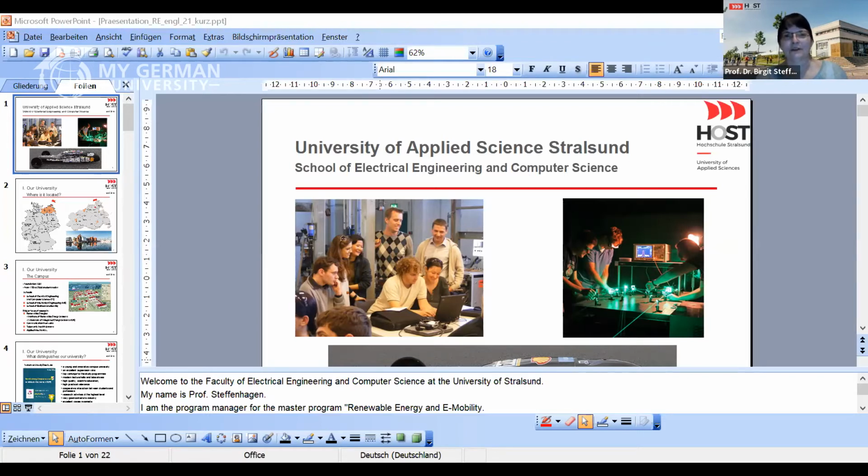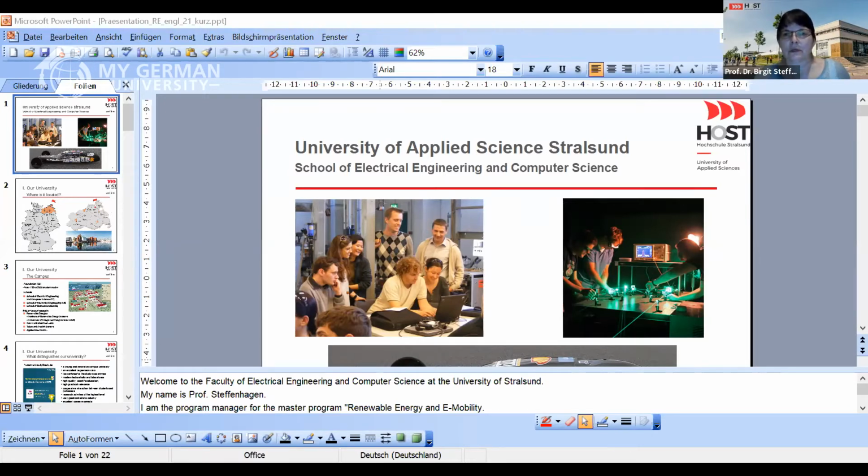Here, a map of Germany, and we are in the northeast of Germany. Our university is located directly at the Baltic Sea in the UNESCO World Cultural Heritage city of Stralsund.